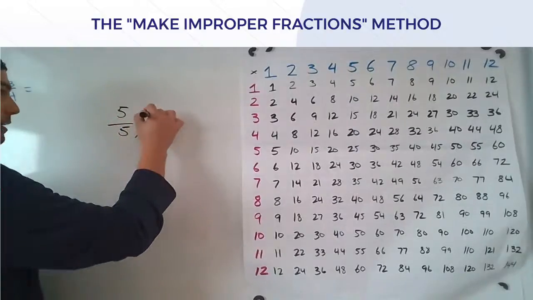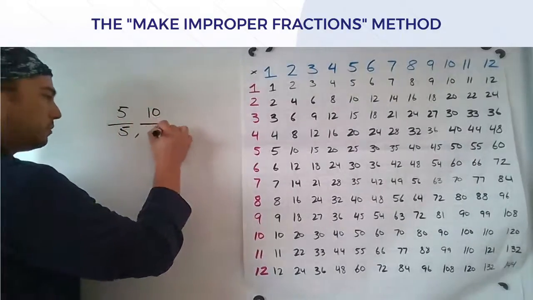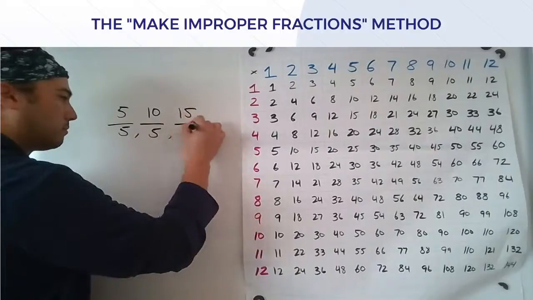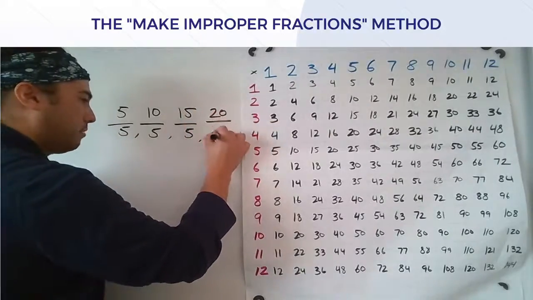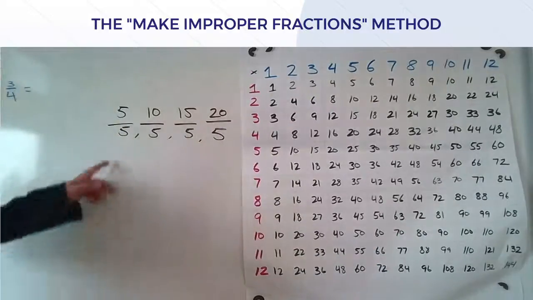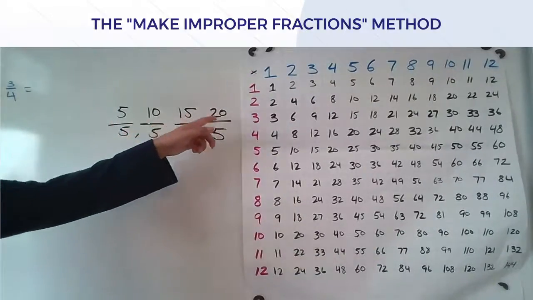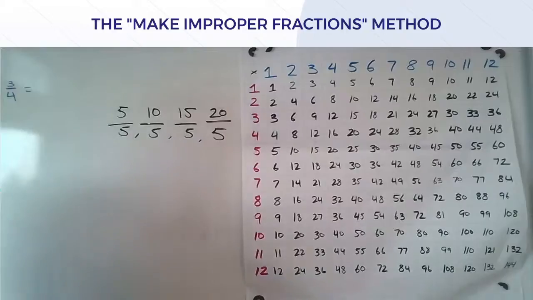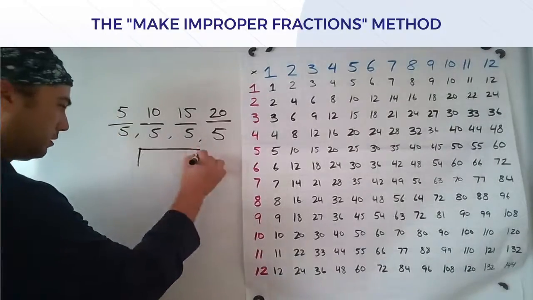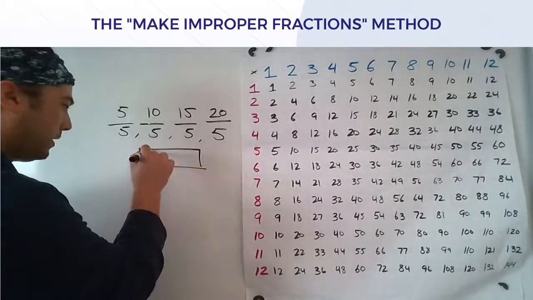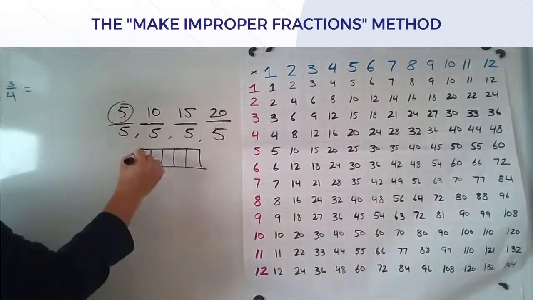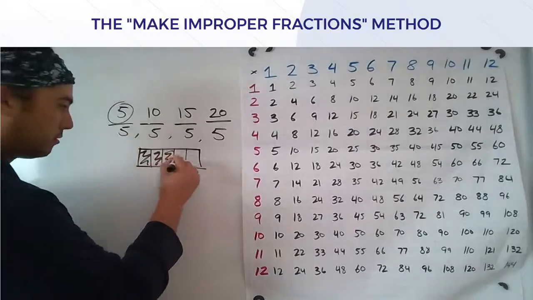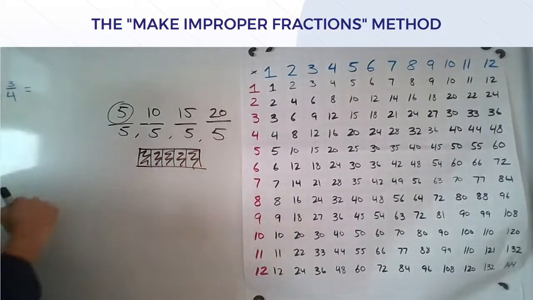So if we were to write our counting numbers, but in fraction form, it would look like this. Are you noticing a pattern? Right? 5, 10, 15, 20. In a fractions bar, if we divide this 1 into fifths, we color in all 5, we have 1.